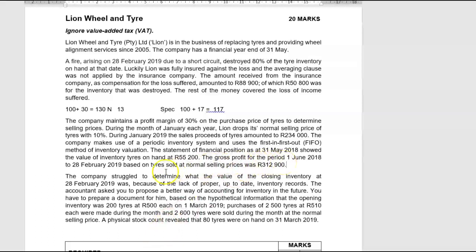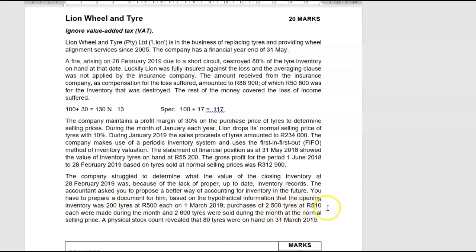The company struggled to determine the value of closing inventory at 28 February 2019 because of the lack of proper up-to-date inventory records. The accountant asked you to propose a better way of accounting for inventory in the future. You have to prepare a document for him based on hypothetical information that the opening inventory was 200 tires at 500 Rand each on 1 March 2019.